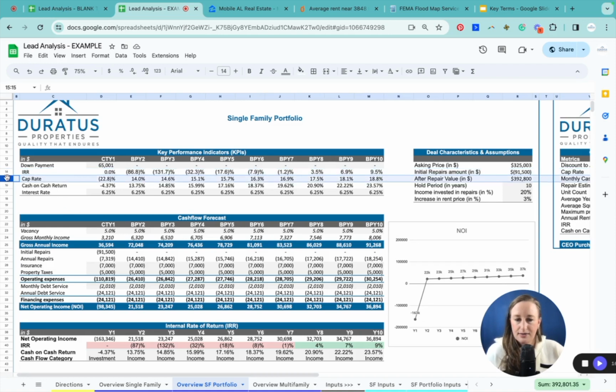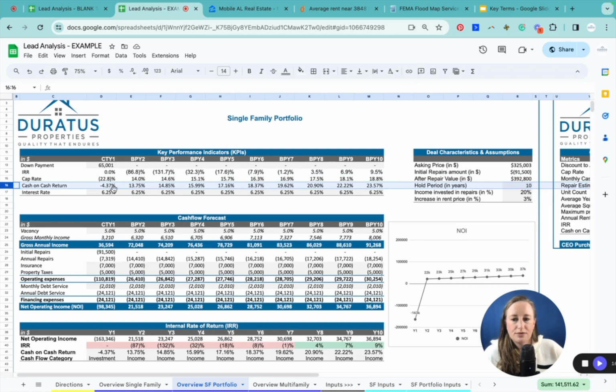So that's a little bit of a red flag. Your cap rate is pretty high. Again, you want to focus on years 2 and beyond. So we're looking at about a 14% cap rate, which is a little on the higher side, which is not necessarily a negative thing, just something interesting to note.